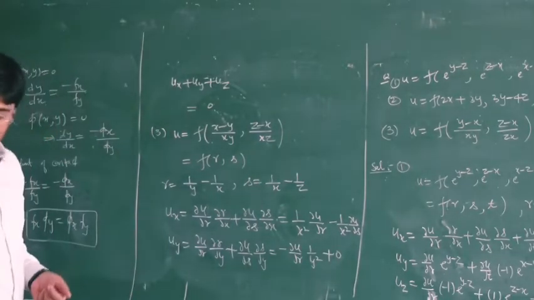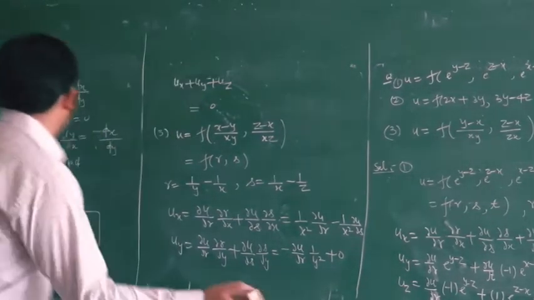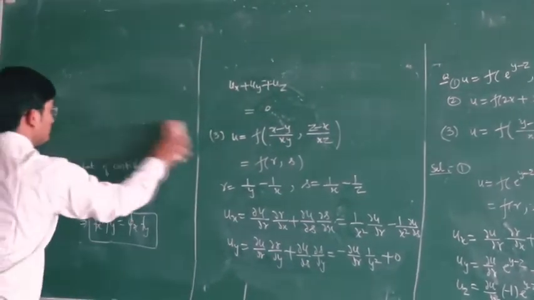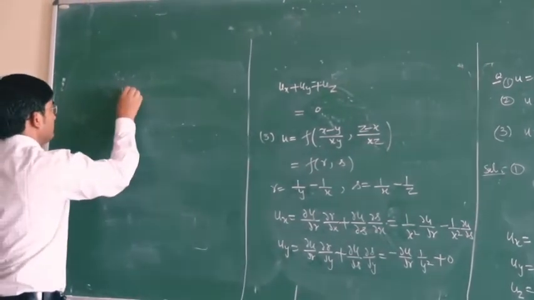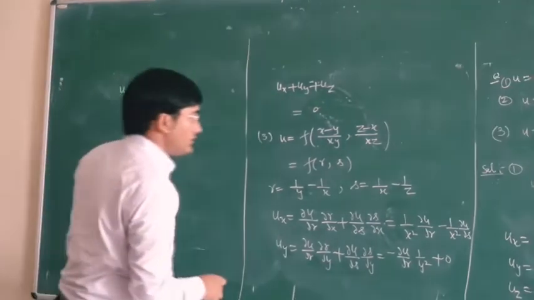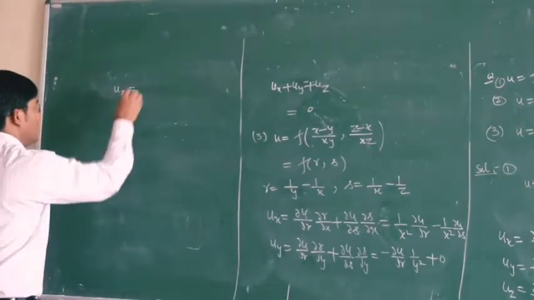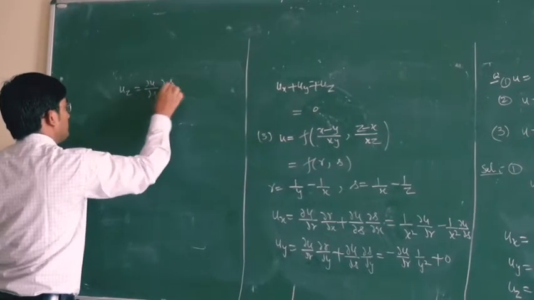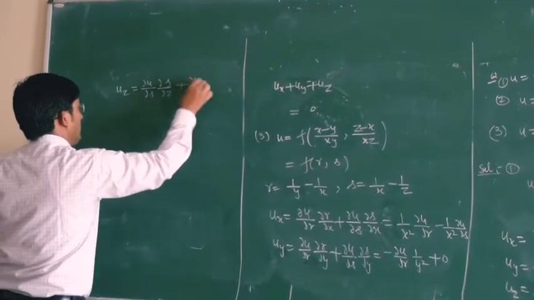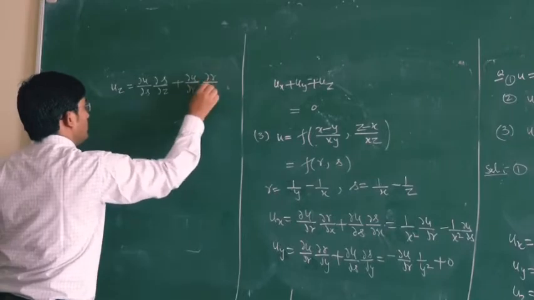Now let us compute del u upon del z. Your del u upon del z will be del u upon del s into del s upon del z, then del u upon del r and del r upon del z.